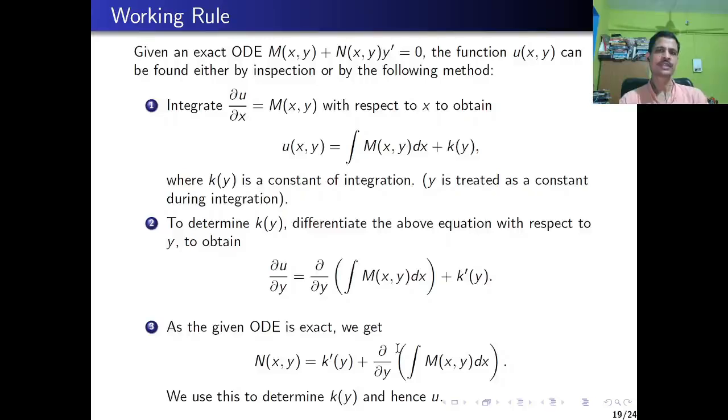So this method we can use provided we know that the given differential equation is exact, but we are not able to guess what u will work for this exact ODE. By inspection, we are not able to find out. So we use this method to find out which u will work.